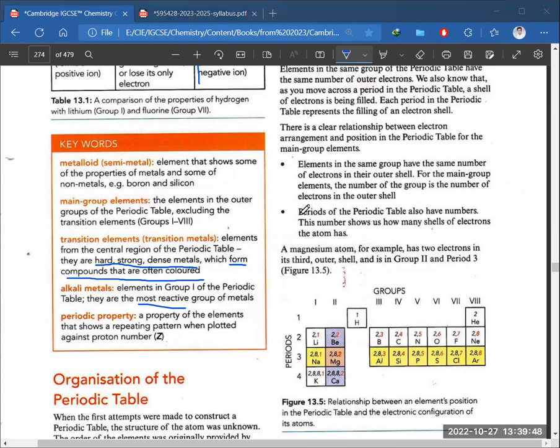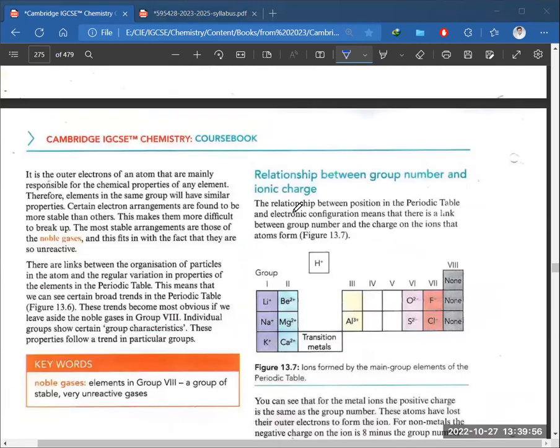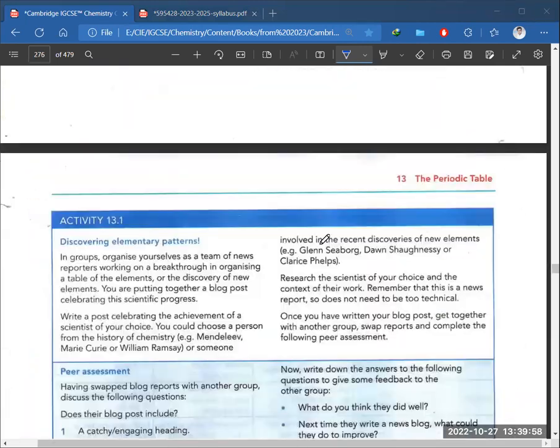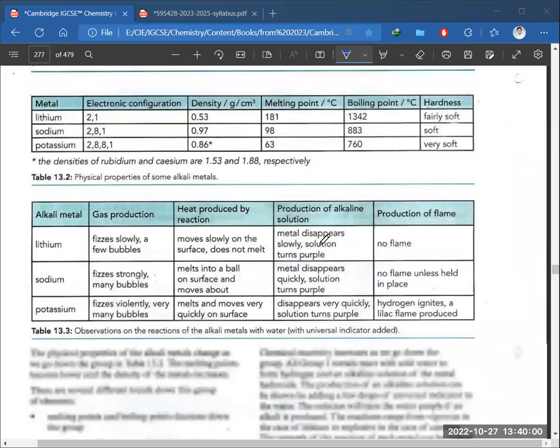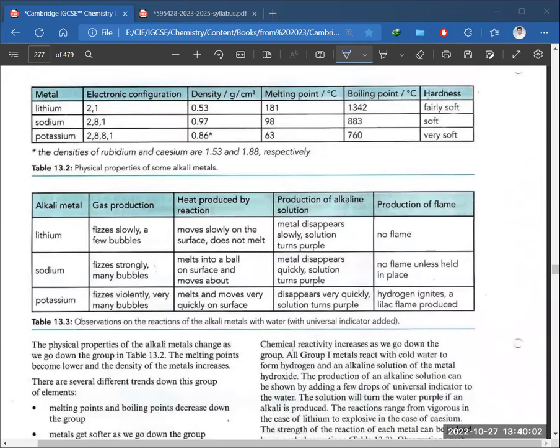We have a few groups right here, and each of them has a property which is specific to that group. Now, just a second. Fine. Look at the periodic table. Look at the whiteboard. Can you see it? Not yet. What I want you to do, Neha, is to continue reading from here.